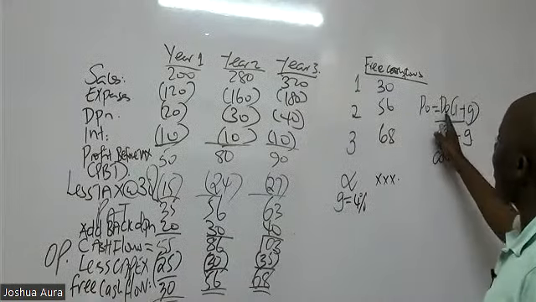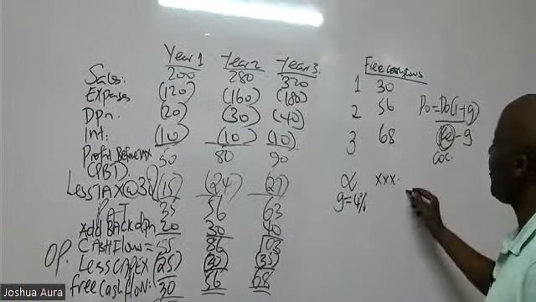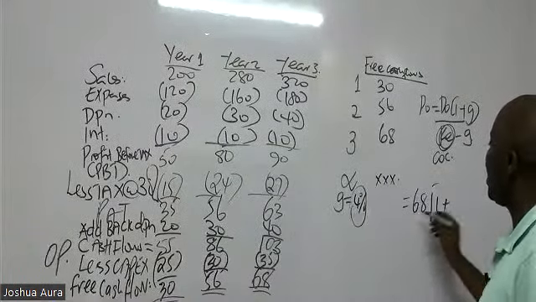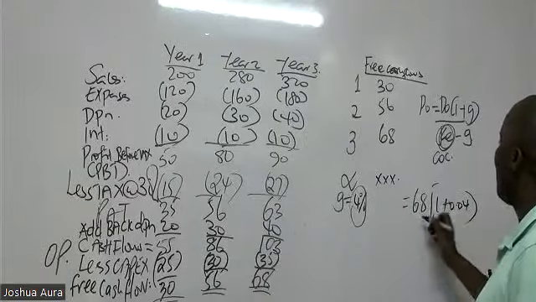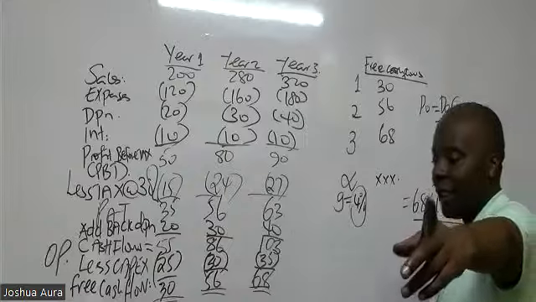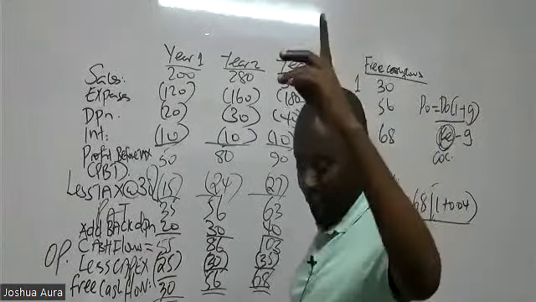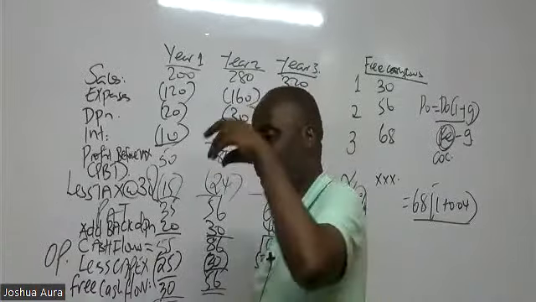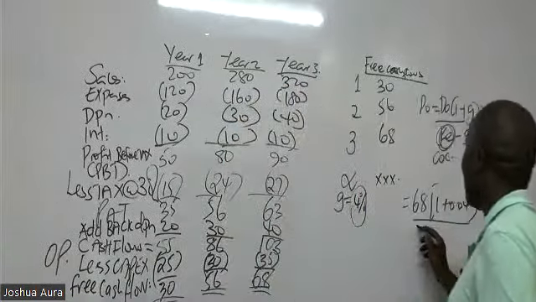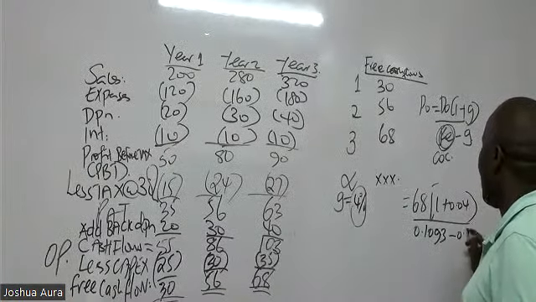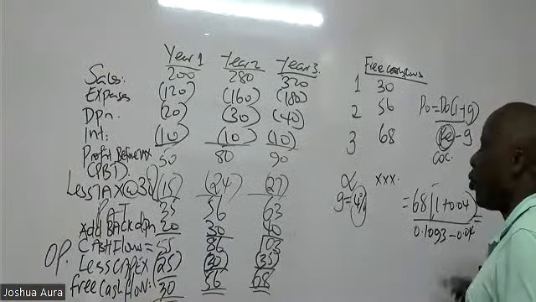So the most current dividend is 68. Times 1 plus the perpetual growth rate, which is 0.04, all over the WACC. You guys did give me the WACC. If my memory serves me well, it was coming to 0.1093, minus the growth rate again, which is 0.04. So here you have to go very slowly.